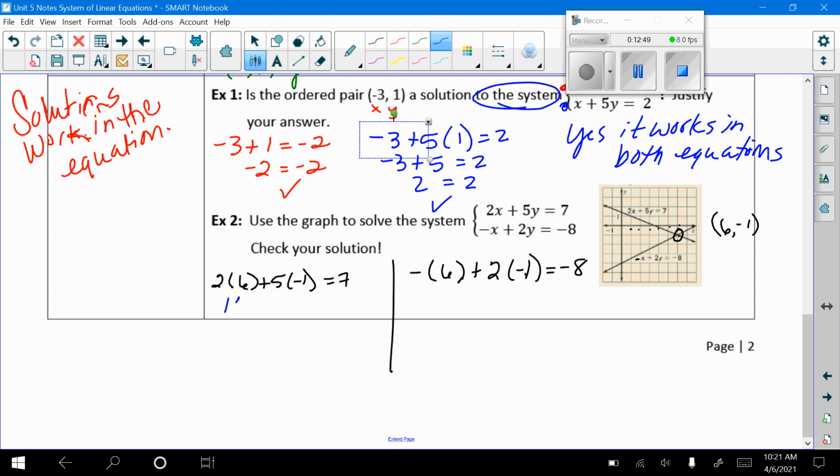So this is 12 minus 5 equals 7, and 12 minus 5 is 7. So 7 equals 7, it is true. Check. The other one is -6 minus 2 is -8, and -8 does equal -8. So check. It also is true. So yes.